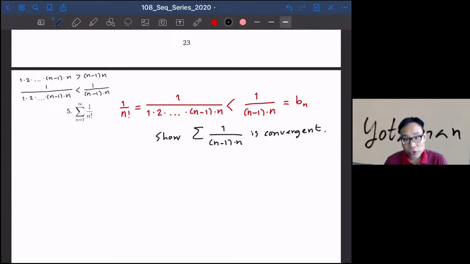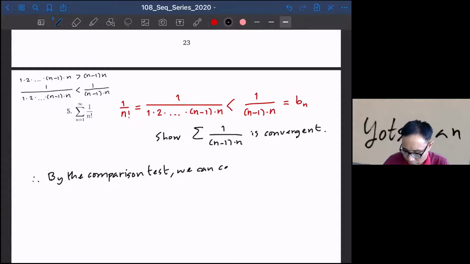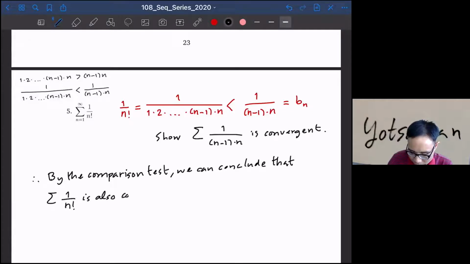If you are able to show that this series is convergent, you will be able to conclude, hence by the comparison test, that the series 1 over n factorial is also convergent.